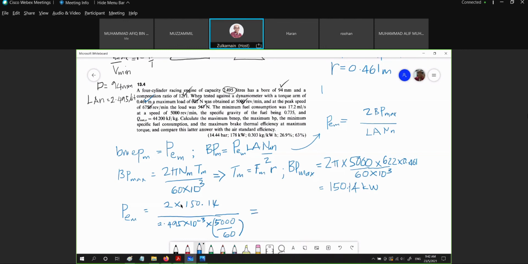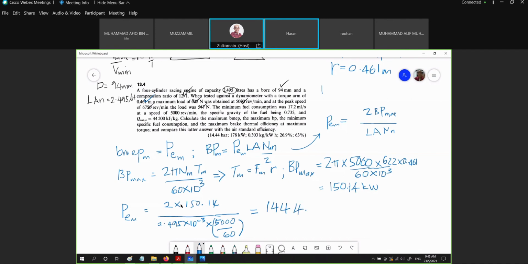So, can you calculate what is the BMEP? The brake mean effective pressure at maximum condition. So 1444.23, sir.